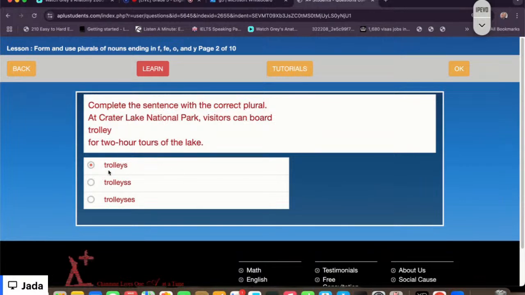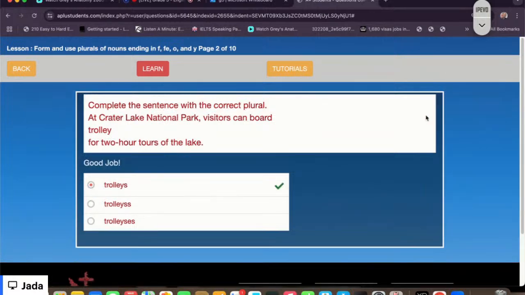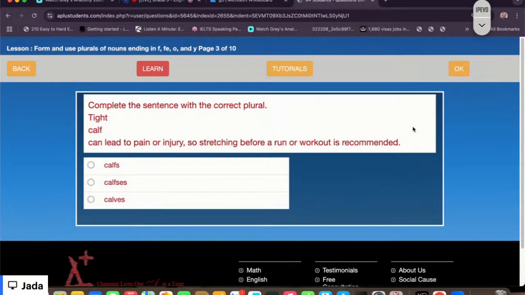Trolleys. Tight scarves can lead to pain or injury, so stretching before a run or workout is recommended.